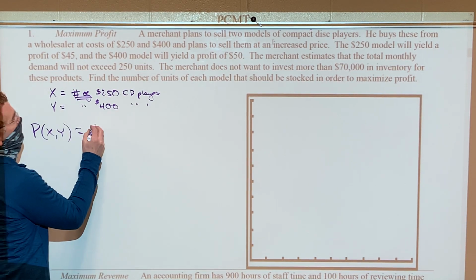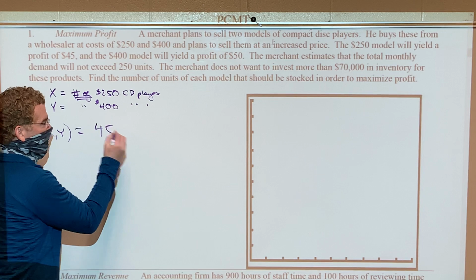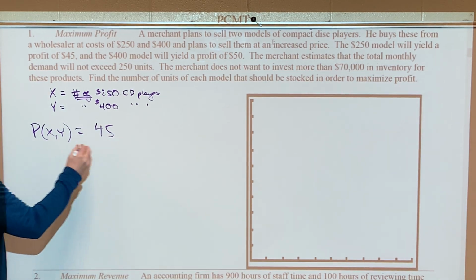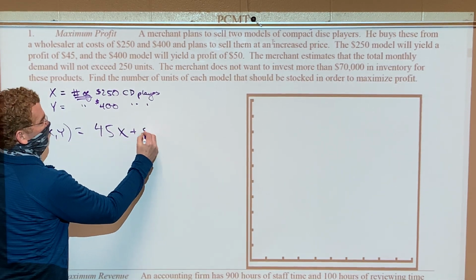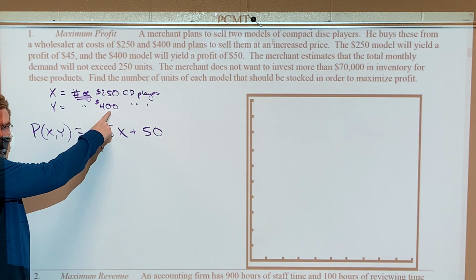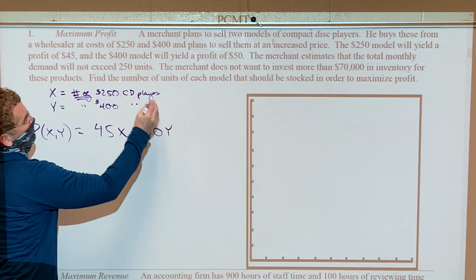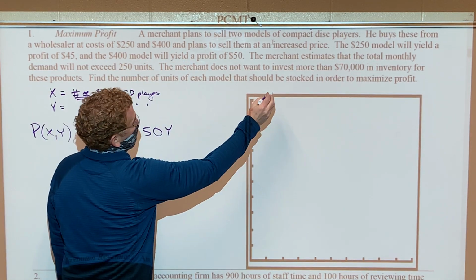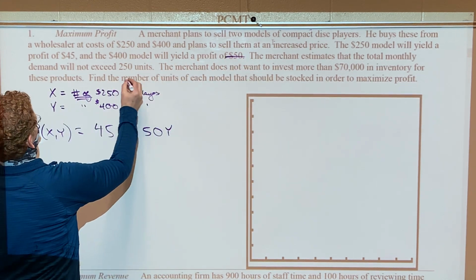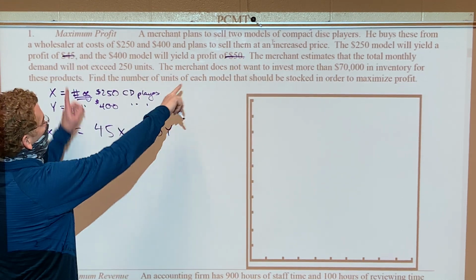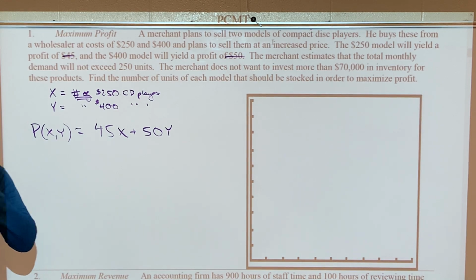So my profit is I'm making $45 for each X that I sell, and I'm making $50 for each Y that I sell. And then I'm going to say, I've already used that 45 and that 50. I'm going to draw a line through that so I don't accidentally work them into some other problem. We good so far?